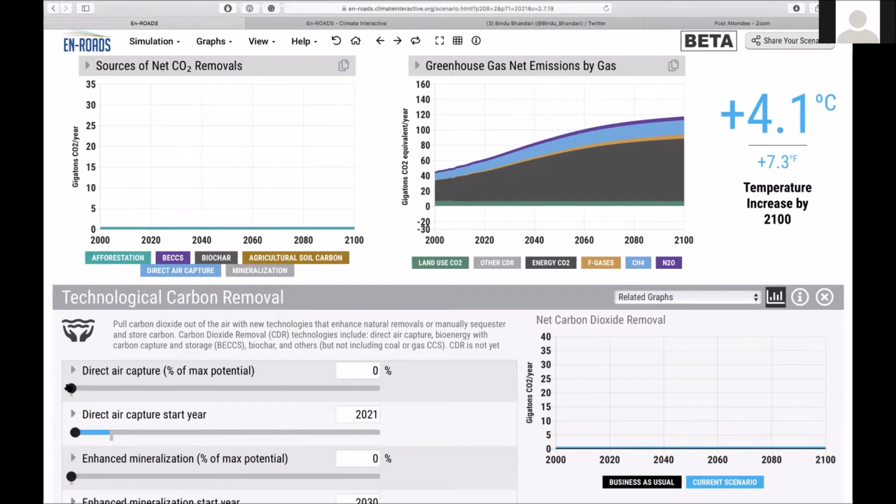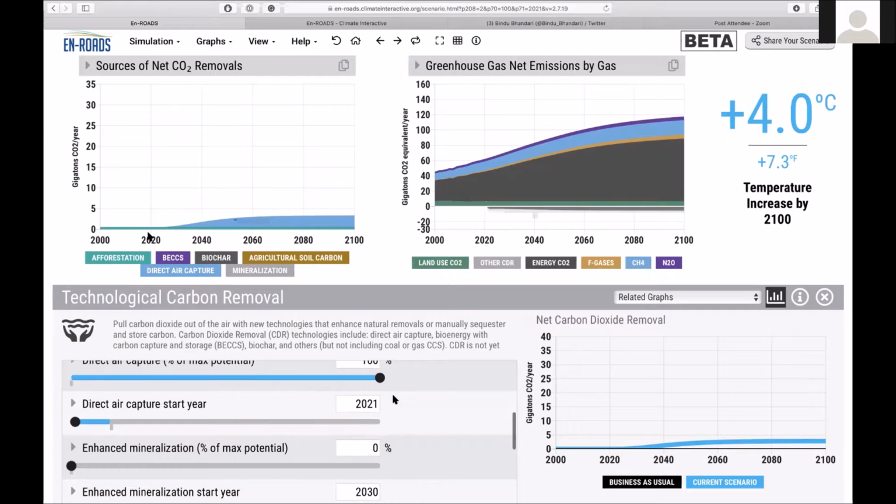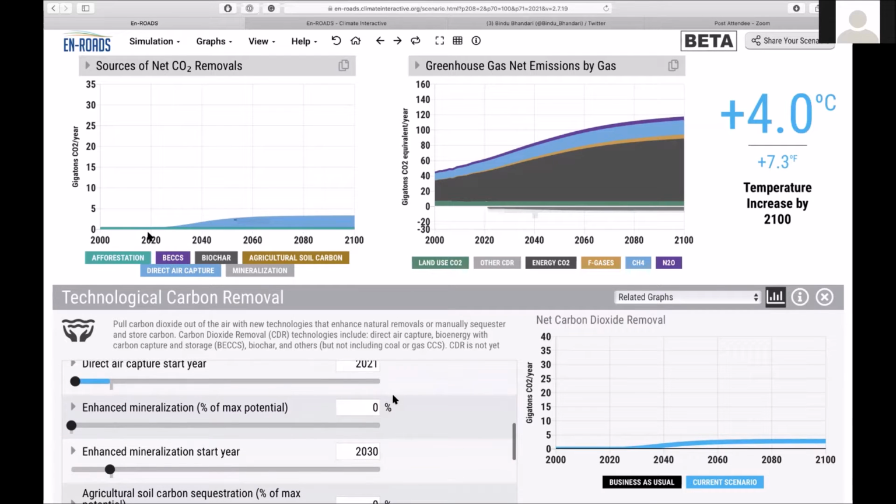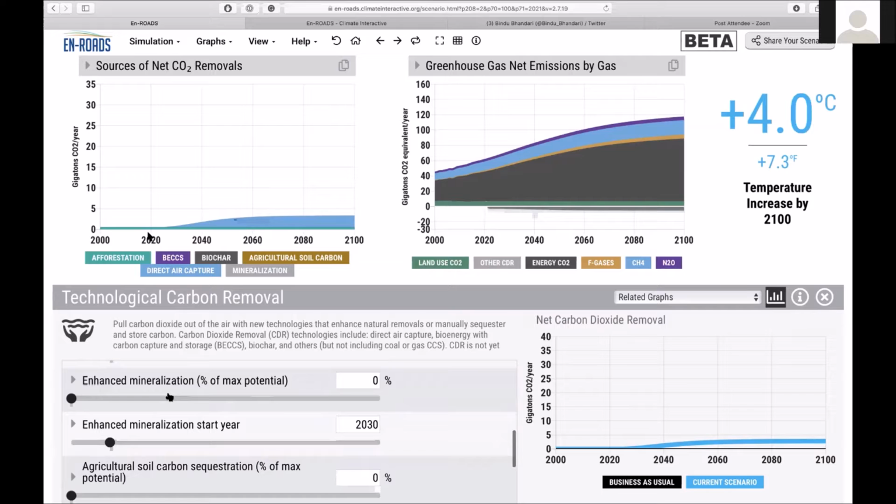When it was at 0, I mean, no action was taken in direct air capture, versus when we have taken maximum action, that is 100% of potential to capture carbon dioxide from direct air capture, you can notice that the temperature has reduced from 4.1 degrees Celsius to 4 degrees Celsius. This is to say that it helped. Of course, it did 0.1 degrees Celsius, but this is not a magical solution, as sometimes it may be debated as. There are other options that we can play around with and explore further.